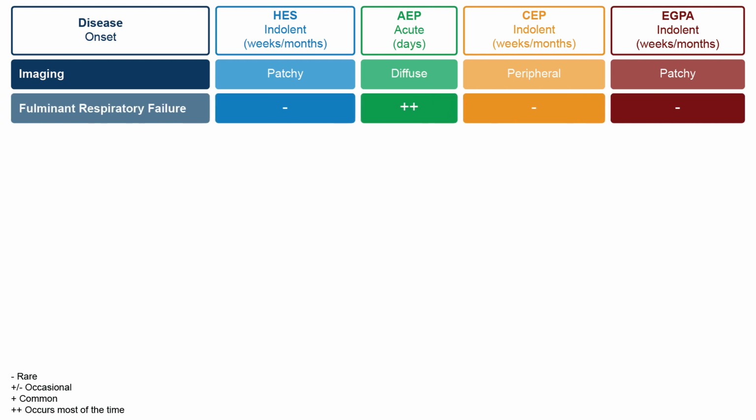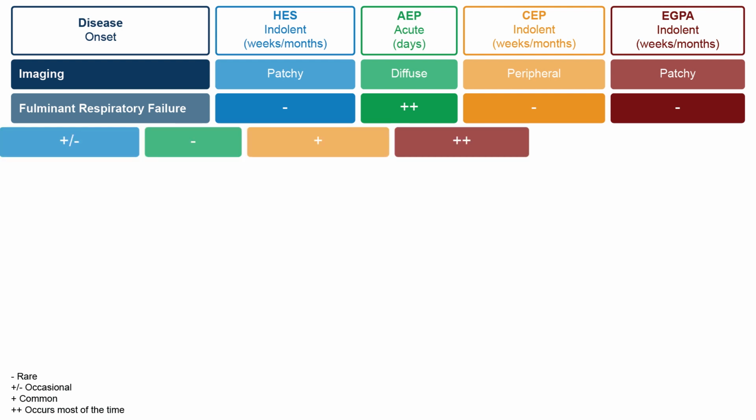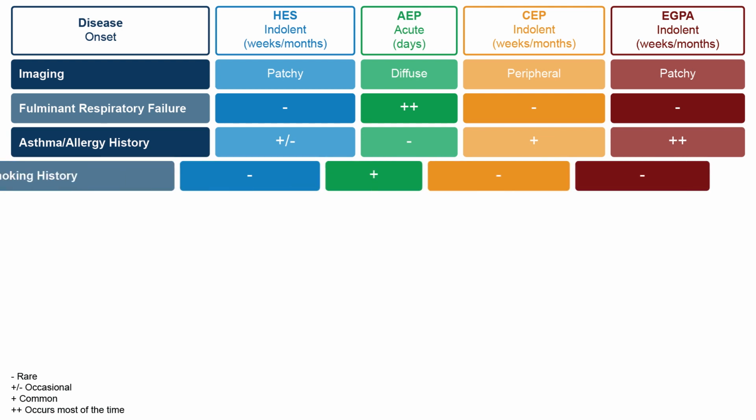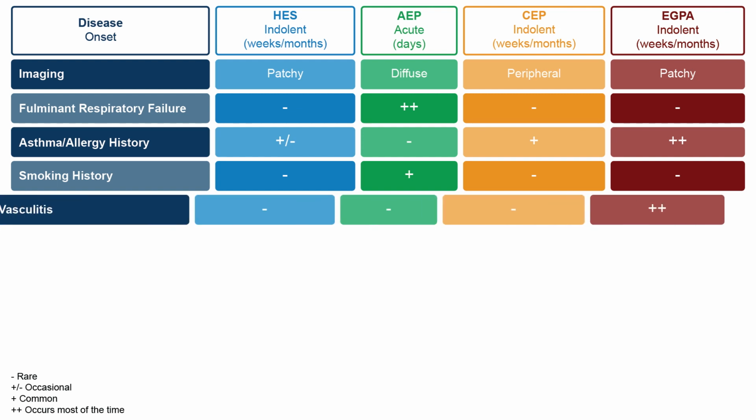There are no particular historical features that can really distinguish between EGPA and HES. They can both have allergic features, and typically there's not a preceding smoking history. However, if there are features of vasculitis, for example, pulmonary hemorrhage, that might be more consistent with an EGPA picture.